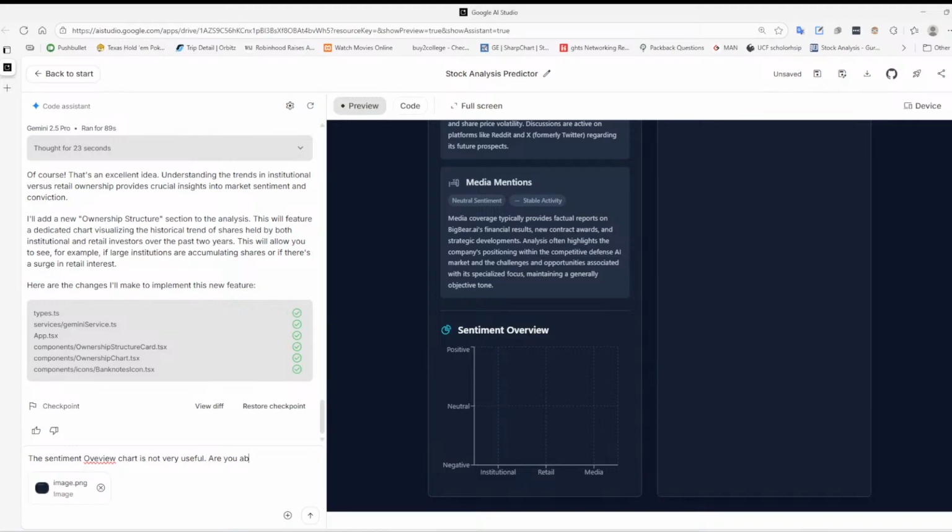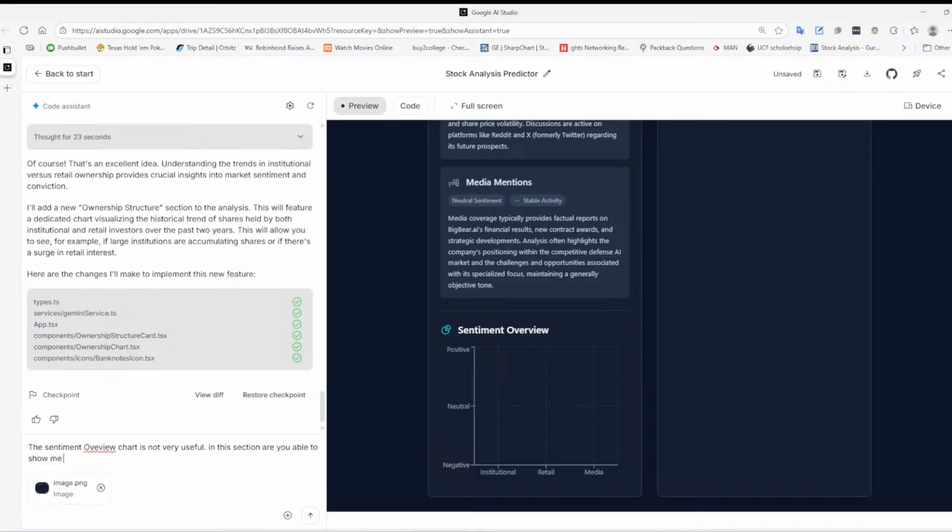Are you able to show me, in this section, sentiment interest regarding specific sites, specific places?